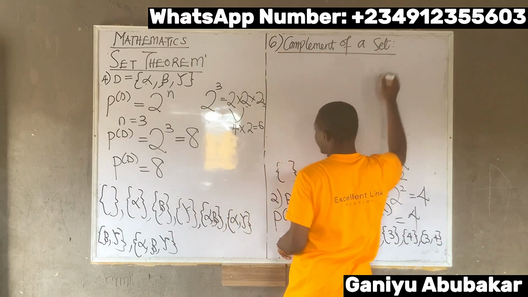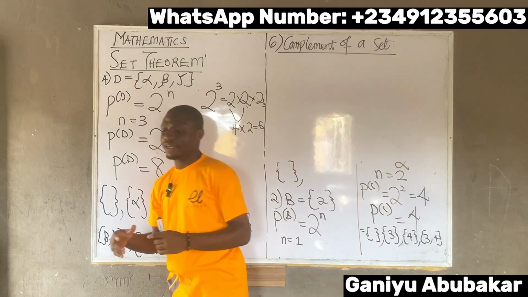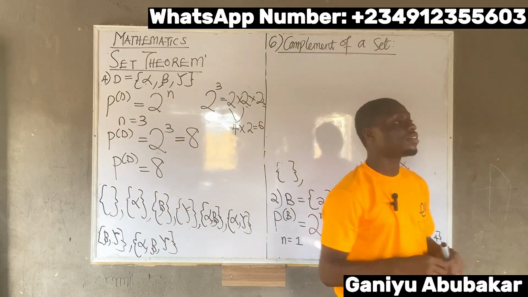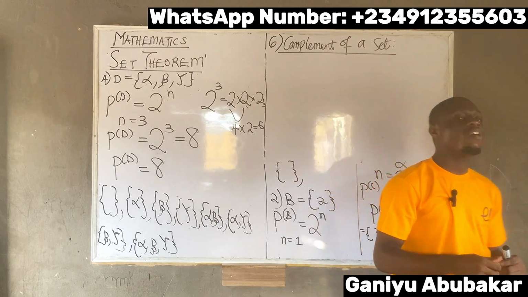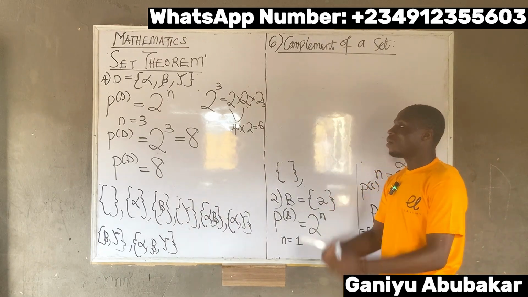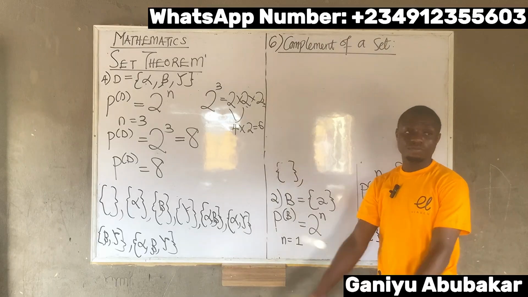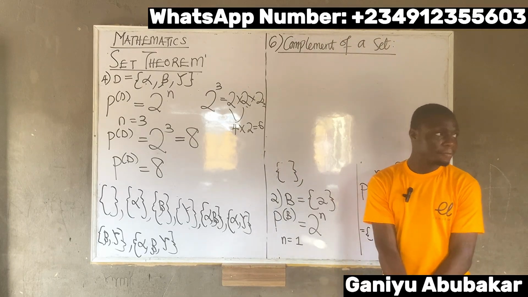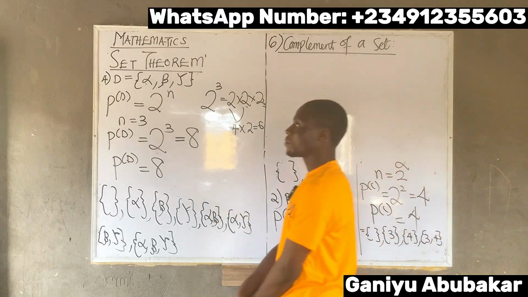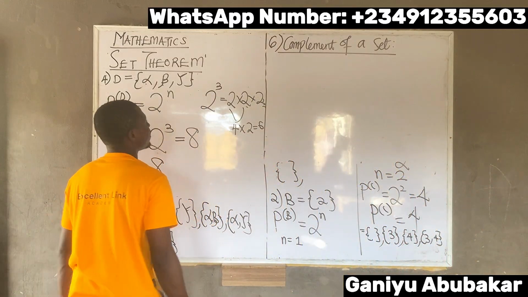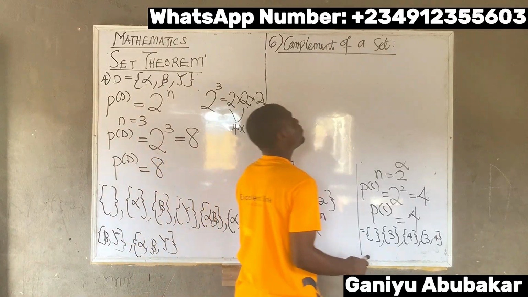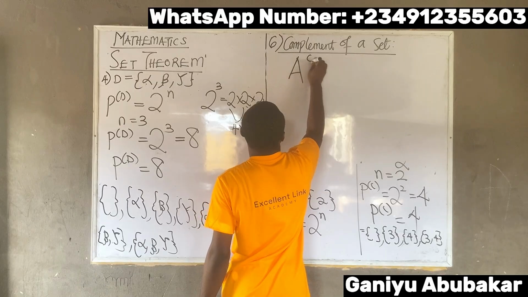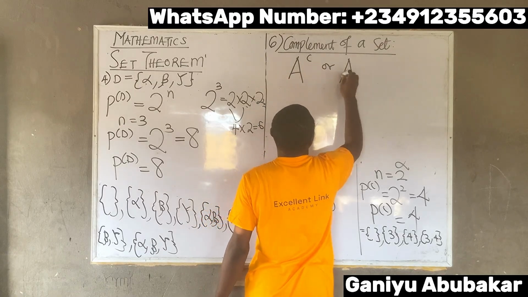Complement of a set. Given a set A, the complement of A is written as A to the power of C, or use the word A prime.